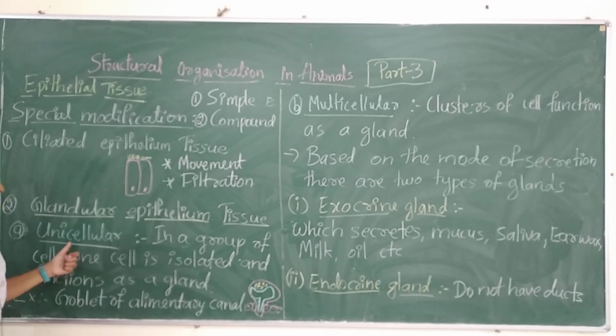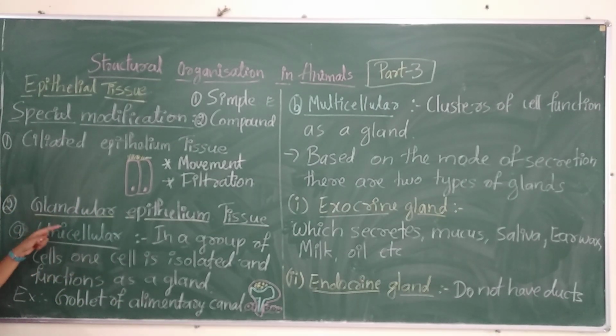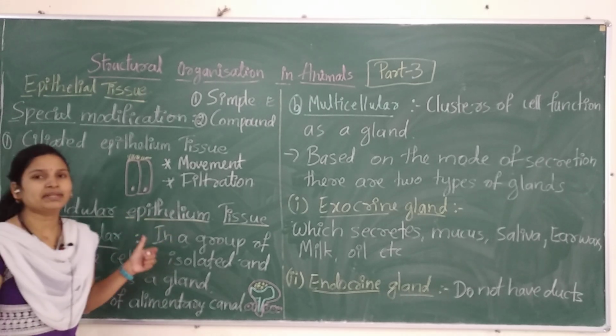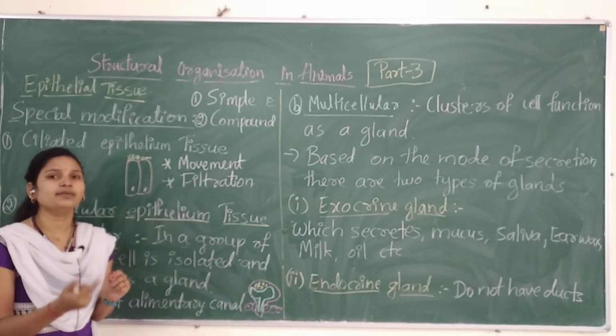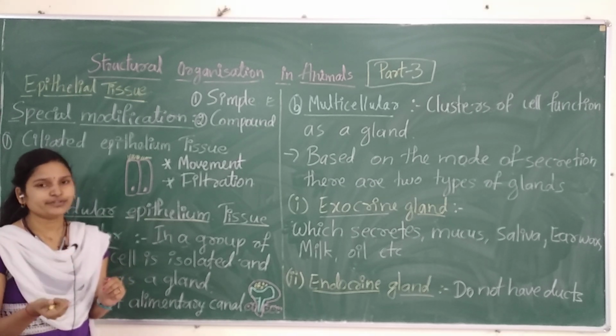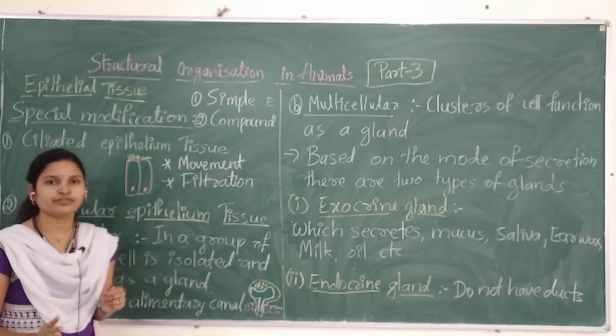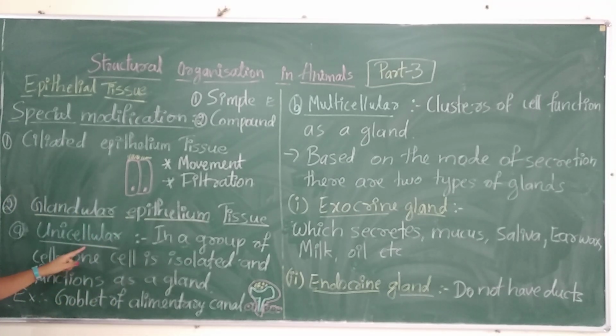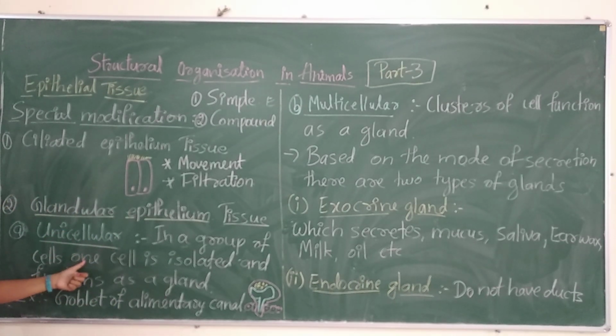So unicellular is a type of glandular epithelial tissue. Glandular epithelial tissue is nothing but a modification of epithelial tissue, which modifies itself to perform one particular function. In that, the first type is unicellular.